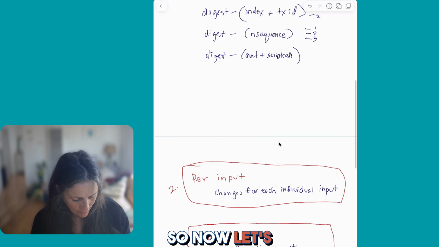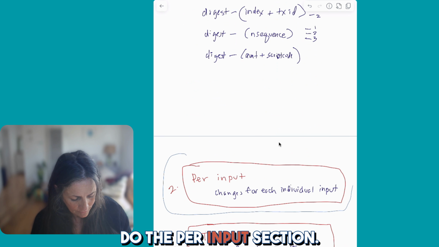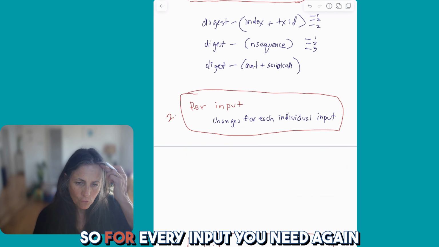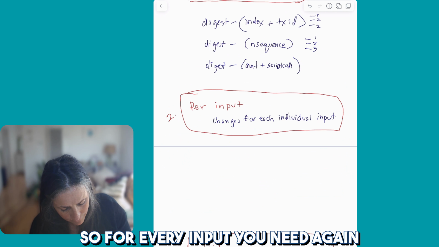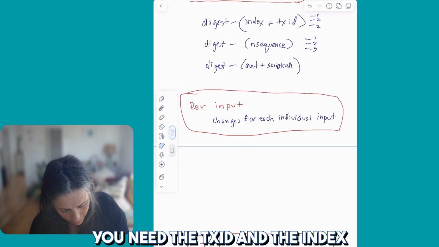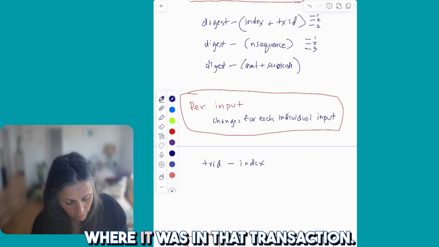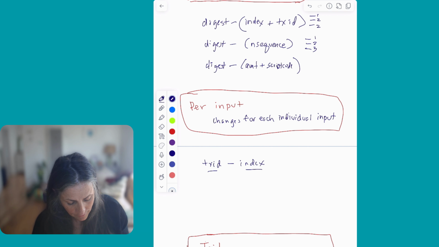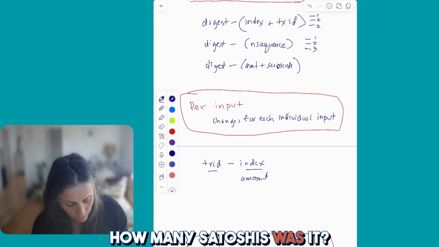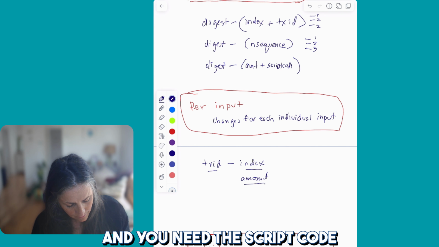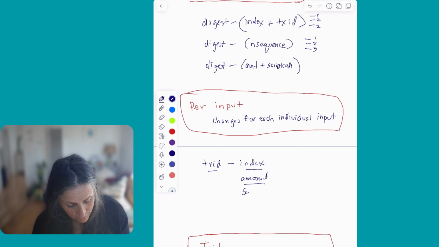So now let's do the per input section. For every input, you need the TXID and the index where it was in that transaction. And you need the amount. How many satoshis was it? And you need the script code for this.